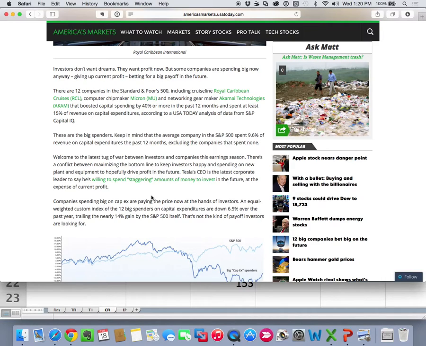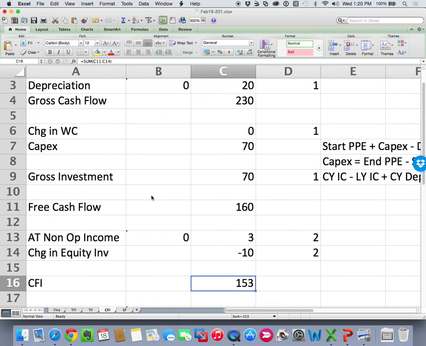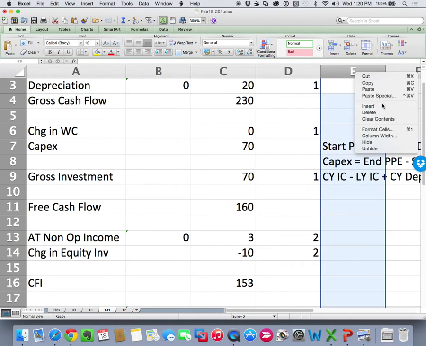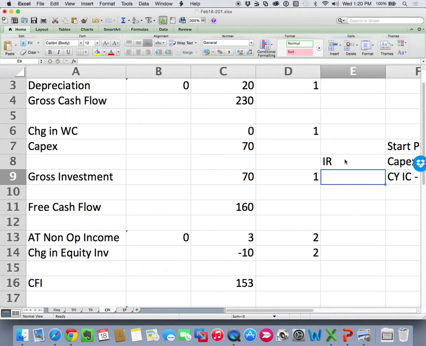Mechanically. Investment rate is gross investment divided by gross cash flow. What is this company's investment rate? Equals 70 divided by 230.